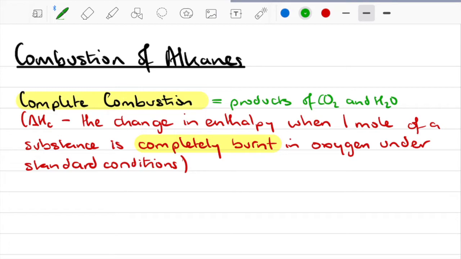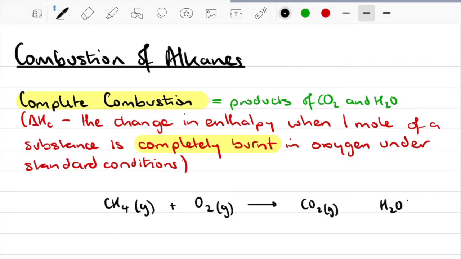If we pick the simplest alkane we can, methane, we're going to combust 1 mole of it. So methane, CH4. For the moment, I'm just going to put oxygen and we'll balance it in a second. That's going to produce carbon dioxide, which is a gas, and also water, which we're going to treat as a liquid here.